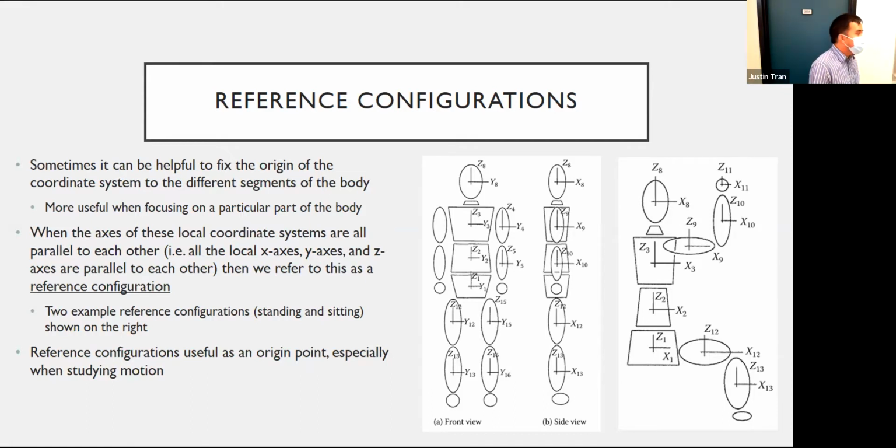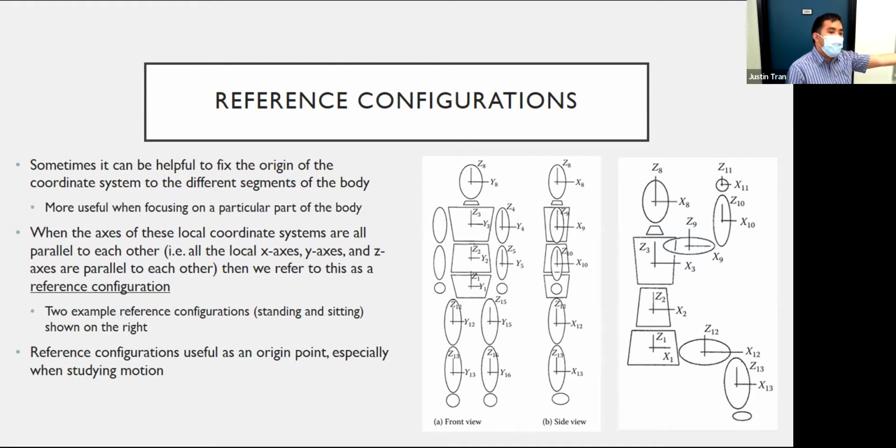The basic idea is that you draw coordinate axes on every segment of the body, located at the center of mass of each segment. What's going to be important in human motion is to describe the relative orientation of one body segment to another. If you have your arm like this, you can describe its motion by saying the arm is being flexed.